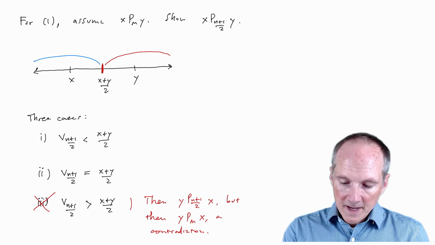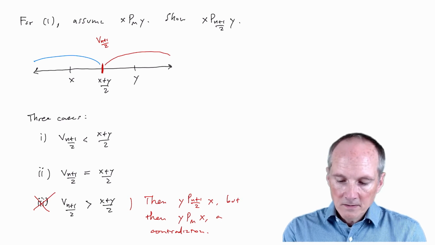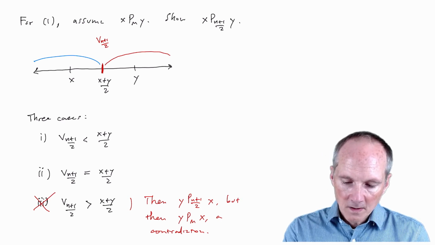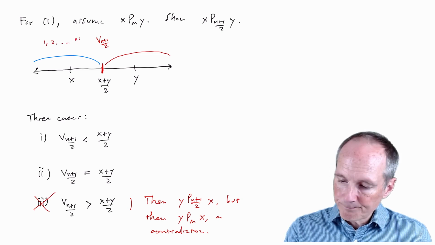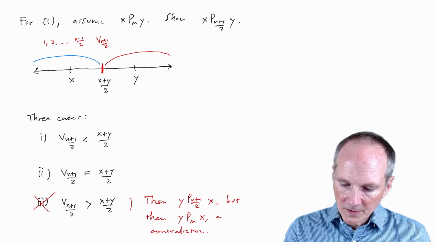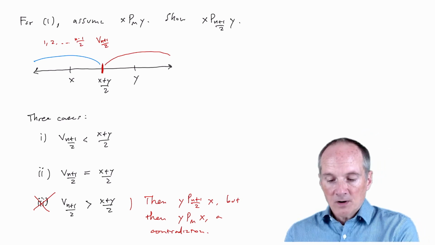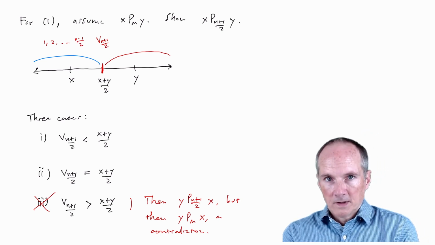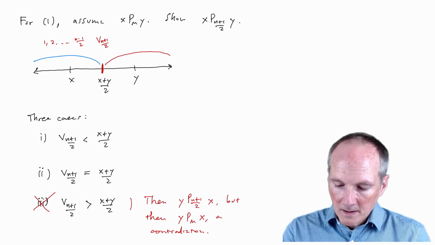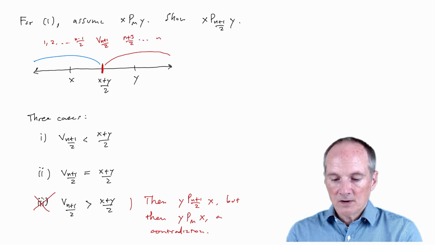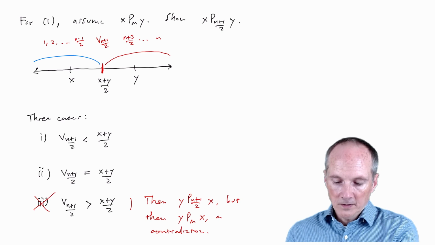So that would mean that this midpoint is the median voter's ideal point, and then everyone from person 1 up to n minus 1 over 2, their ideal points are all below the median voter. Person n plus 3 over 2 all the way up to n, their ideal points are all above the median voter, okay?